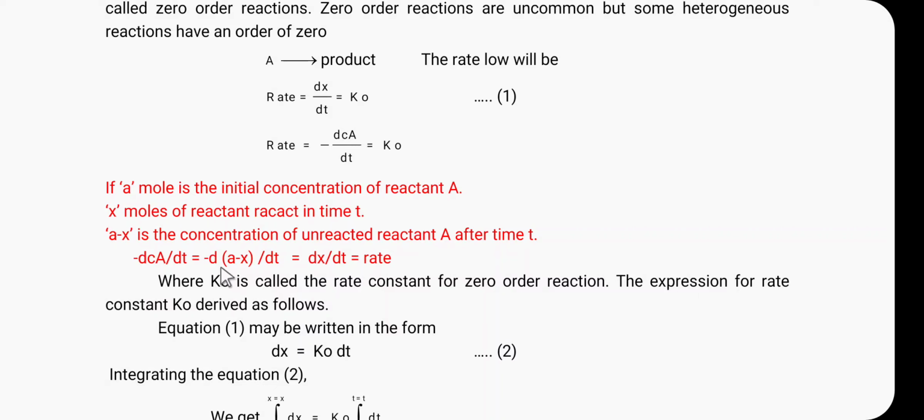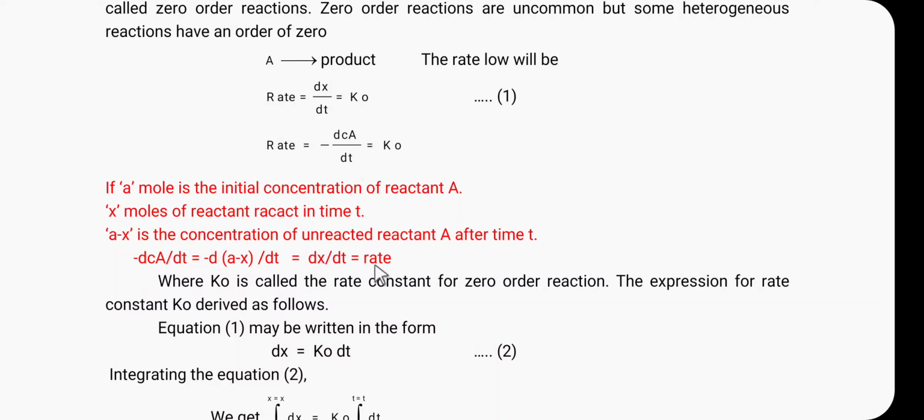Now consider minus da by dt. a is the initial concentration, a constant, and the derivative of a constant is always equal to 0. So minus da by dt is equal to 0. Minus times minus is plus, giving dx by dt, and dx by dt is equal to the rate. So the rate is equal to minus dA by dt is equal to dx by dt.